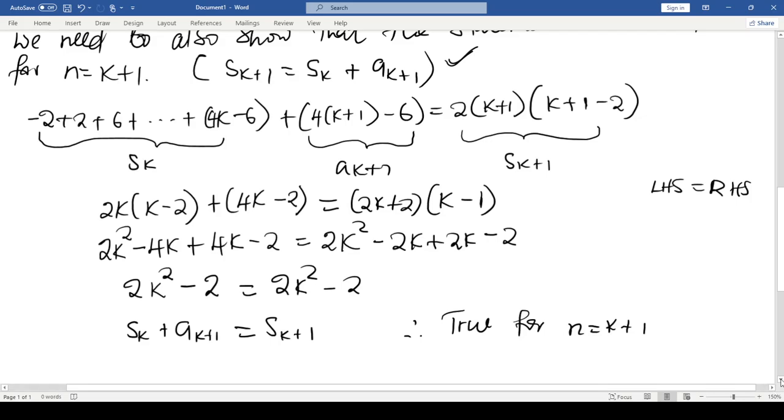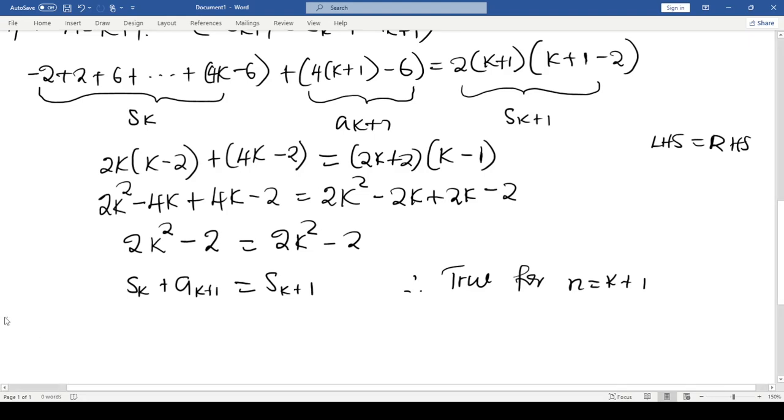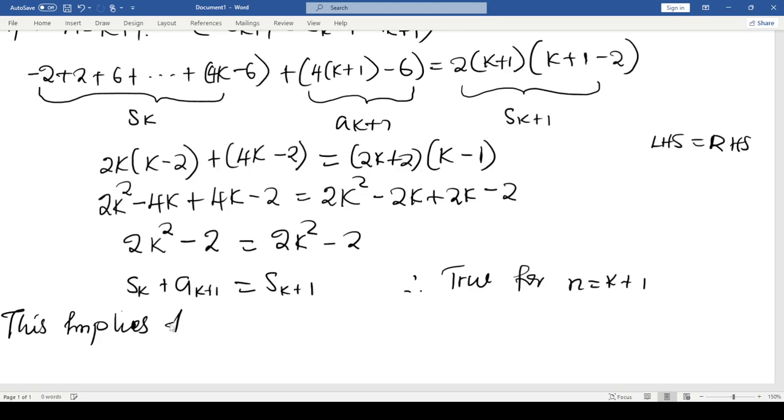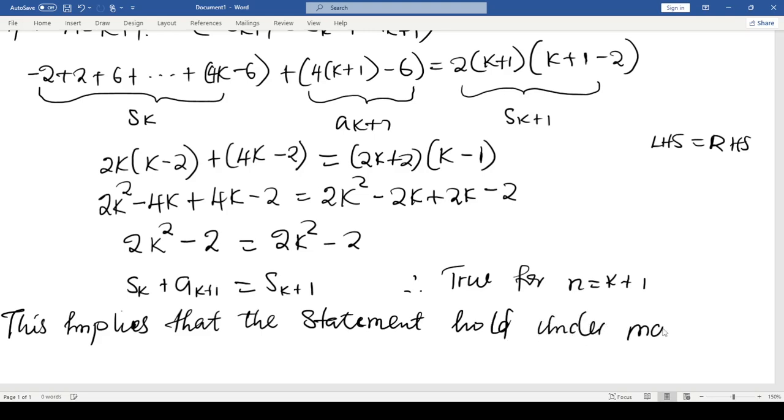If it is true for n equals k plus 1, then you can just say this implies that the given statement, or rather the statement, holds under mathematical induction for all positive integers n there.